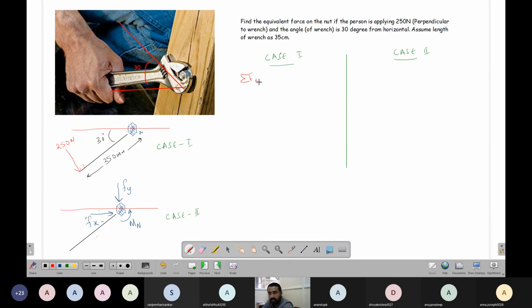Summation of F in the x direction should equal 0, summation of F in the y direction should equal some value, and you have to find the moment about n. Here x is right positive, y is up positive, and moment is always positive. You have to find the same things for the other force.